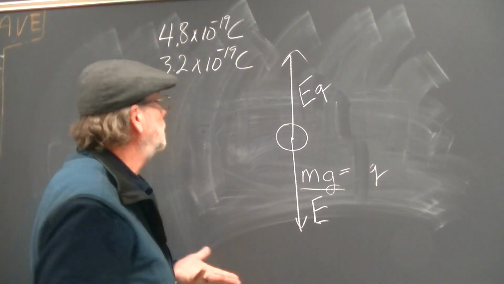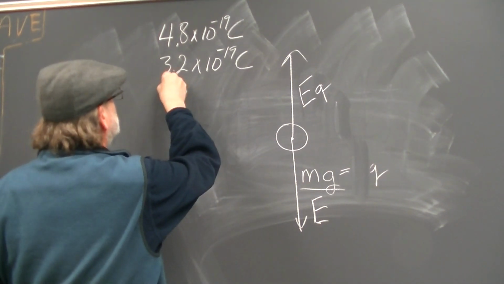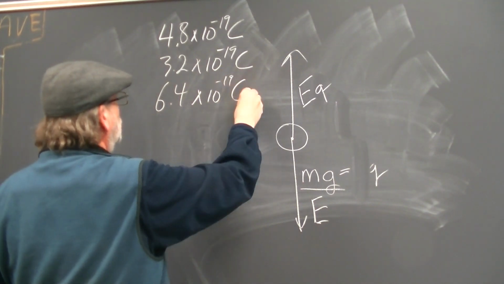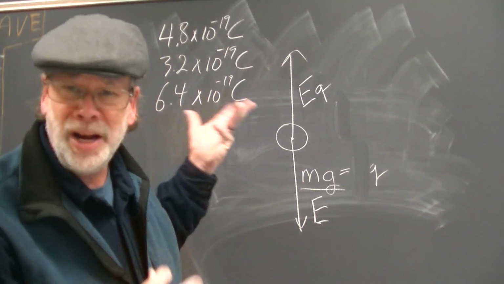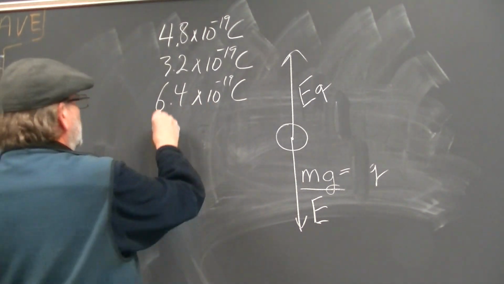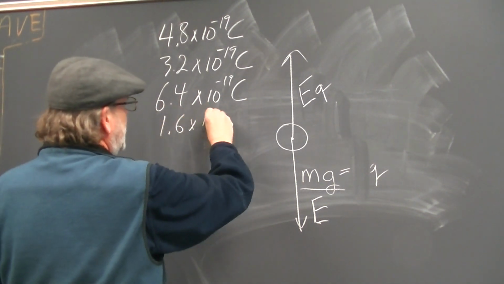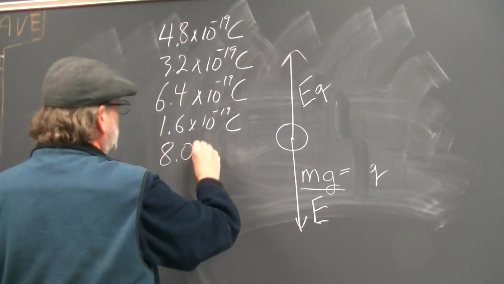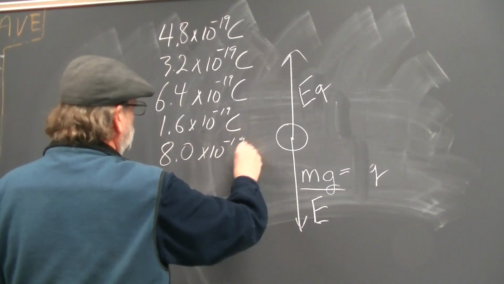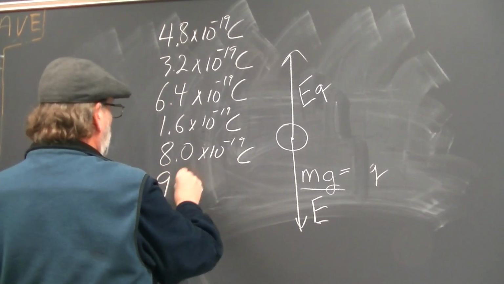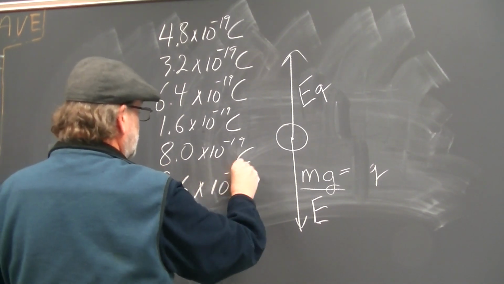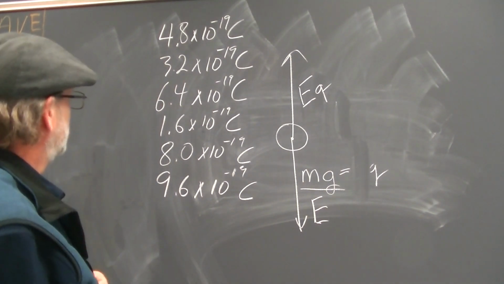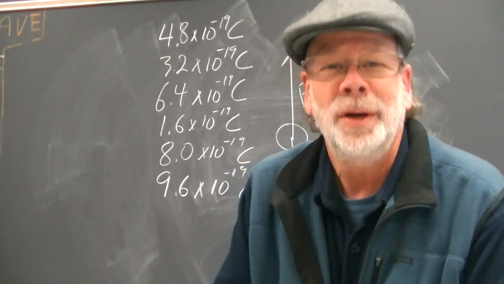I'm not seeing much of a pattern. About 6.4 times 10 to the minus 19th coulombs. And he's getting all of these a bunch of times. He's getting a 1.6 times 10 to the minus 19th coulombs. He's getting an 8.0 times 10 to the minus 19th coulombs. He's getting a 9.6 times 10 to the minus 19th coulombs. And he's getting all of those a bunch of times.